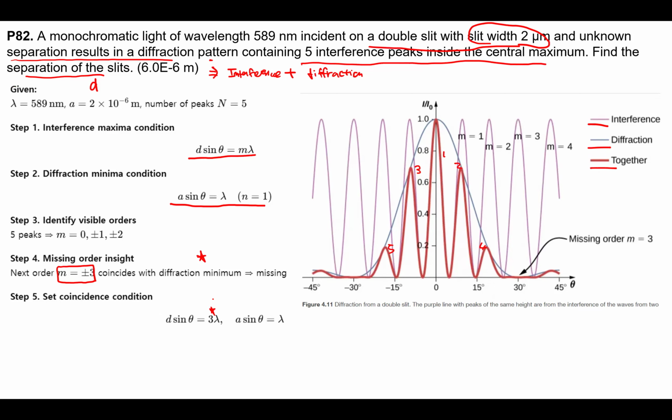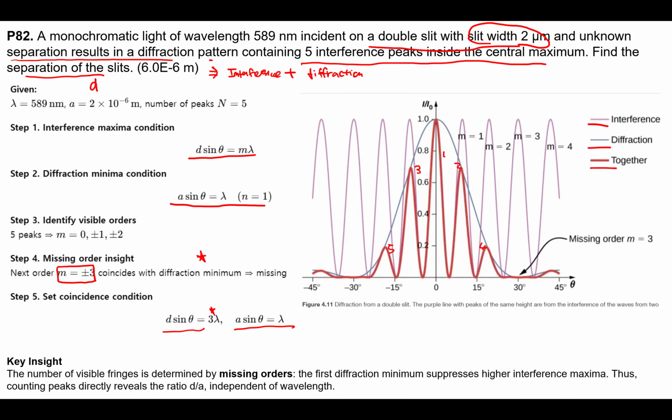Okay. So we get d sin theta is 3 lambda, and a sin theta is lambda for these cases. And then this will satisfy our combined interference and diffraction patterns.